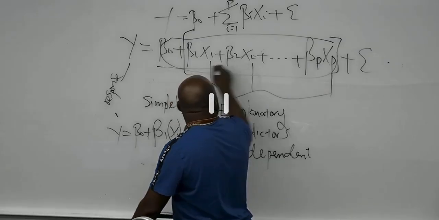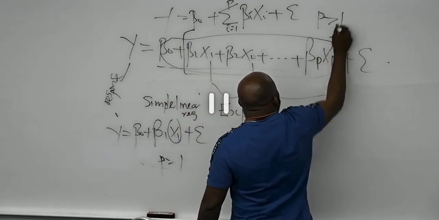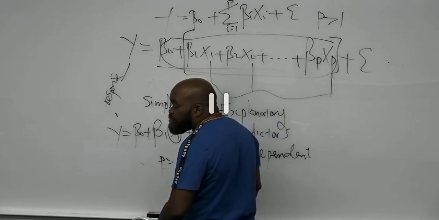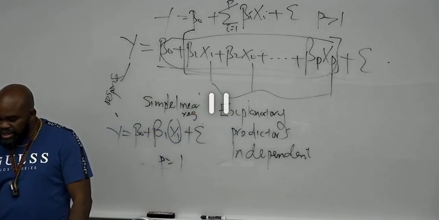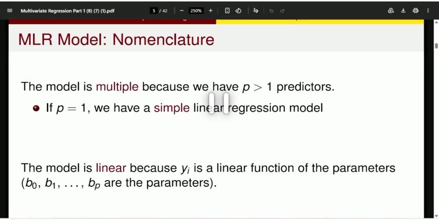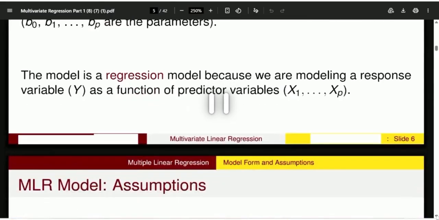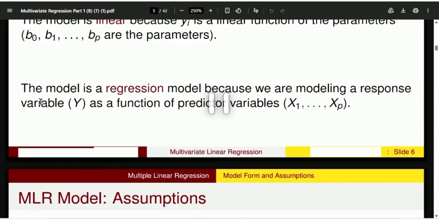But here, p is greater than 1. So when p is greater than 1, you have multiple linear regression, which is exactly what I'm trying to say here.